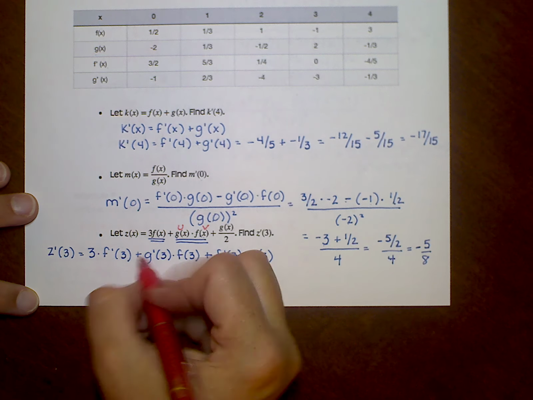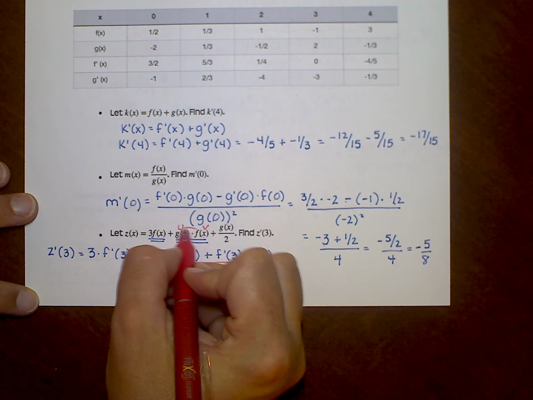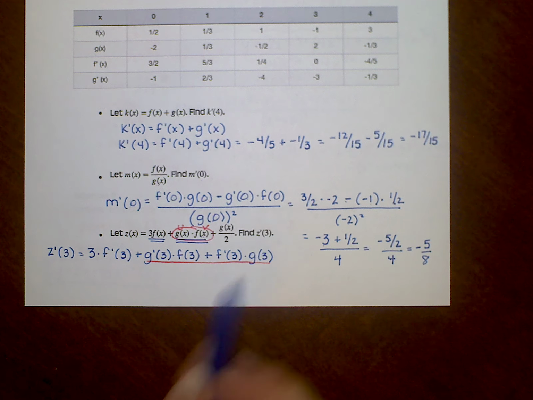So all of this is the derivative of this piece right here. Okay, because I had to do product rule there. U prime v, v prime u.